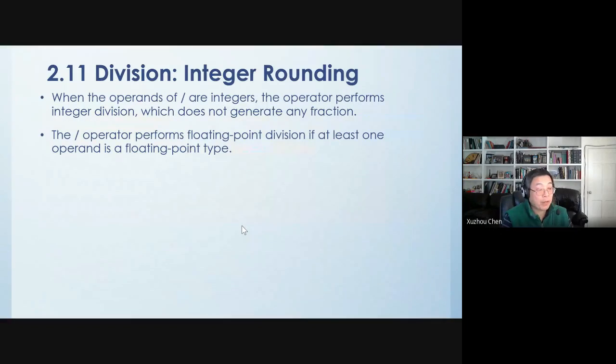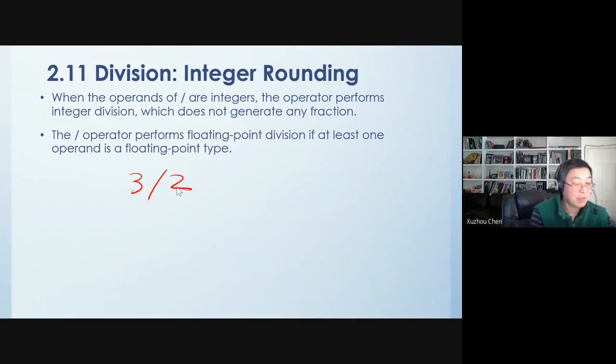Now one thing you need to be careful about is division. Because when you multiply two numbers with the same type, you can still keep the type, but division is different. If I divide 3 by 2, what do you expect to see?